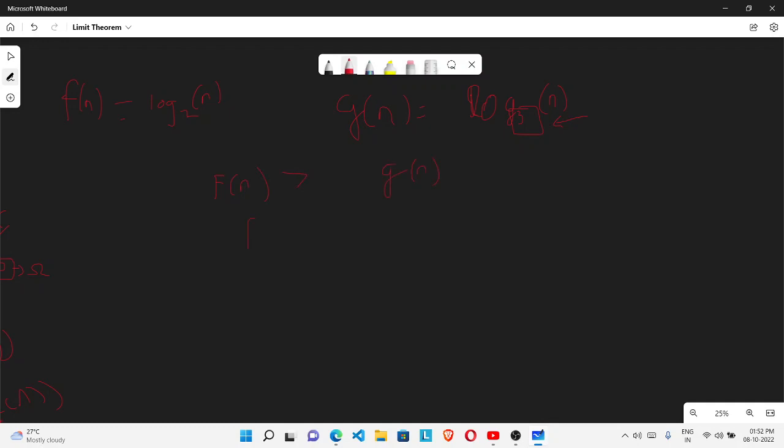So when I divide them, this is small f by the way, f of n by g of n, I'll get a constant over here. I won't get 0. I'll get a constant. So I can write it as f of n is equal to theta of g of n.